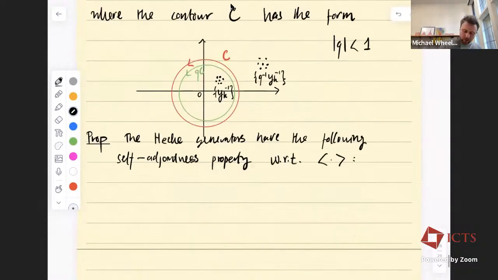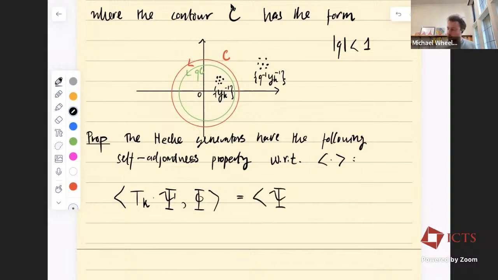If I act with t_k in the first argument and leave the second argument intact, that's equal to leaving the first argument intact and instead acting with another operator, which I'll call t_k tilde, on the second argument.